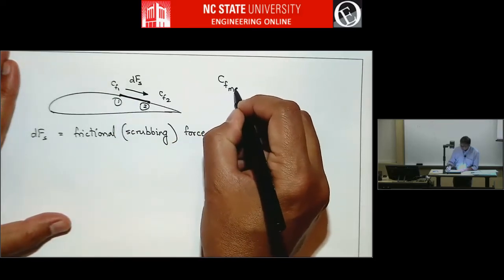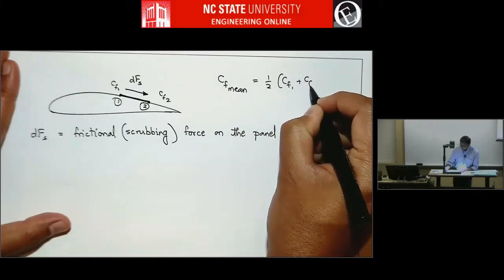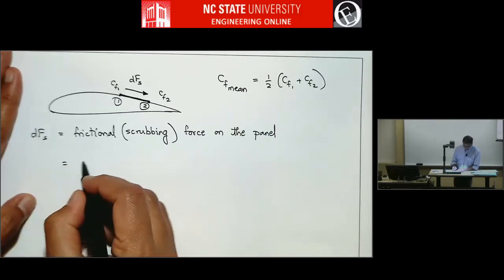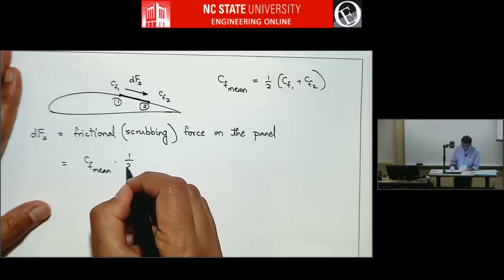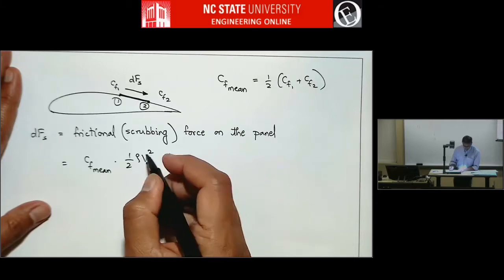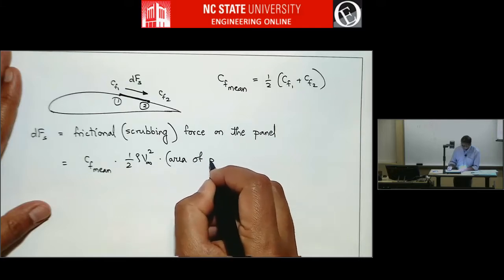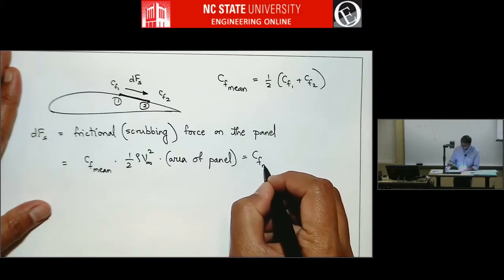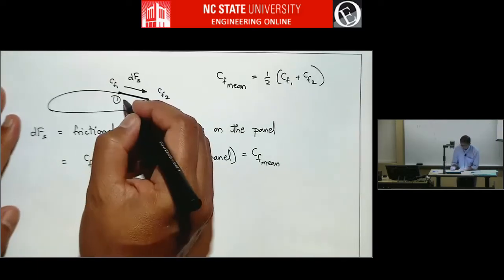CF mean for this panel is 1/2 of CF1 plus CF2. So this DFS is CF mean times half rho V infinity squared times area of panel. And what is that area of the panel? So let's call this ds. This distance is ds.